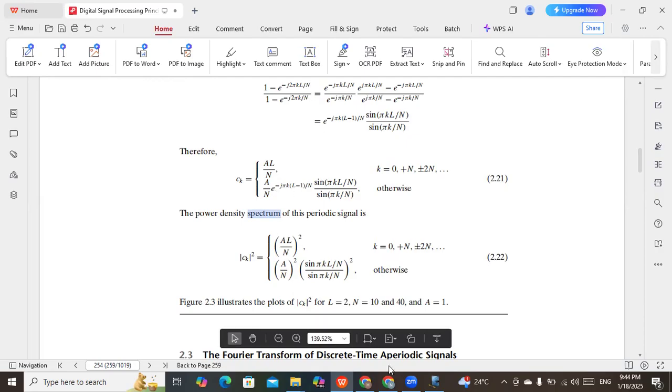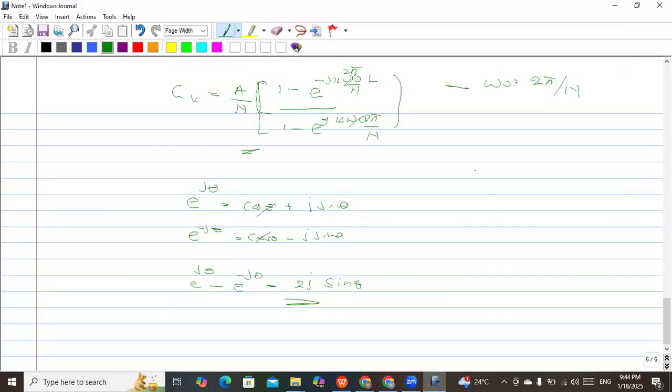I think I have explained this. A complex number can also be represented like this: magnitude of A times e to the power j phase of A. So this will be the magnitude, and these terms will be the complex value.